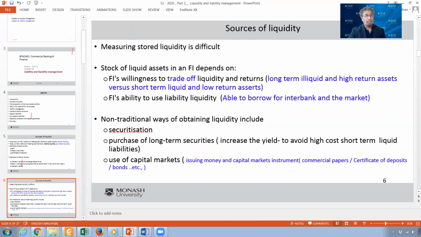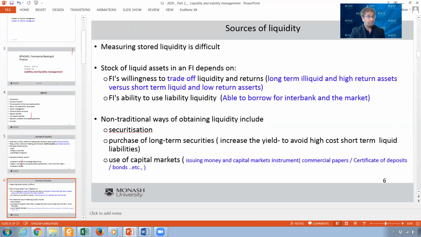Okay, measuring stored liquidity is difficult actually because you have to make real expectation and forecasting. If you have those types of securities, you don't know how much cash you will have because it's almost random behavior of withdrawals and additions. And if you want to expect how much cash you will have in 1 year's time, it's a little bit difficult.